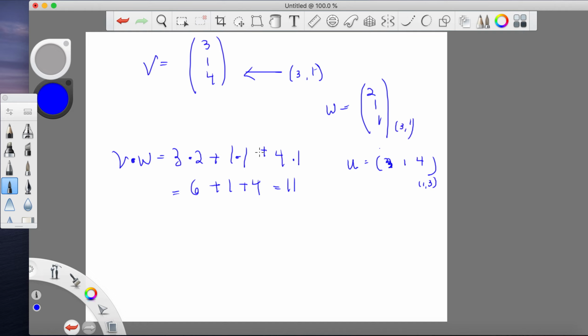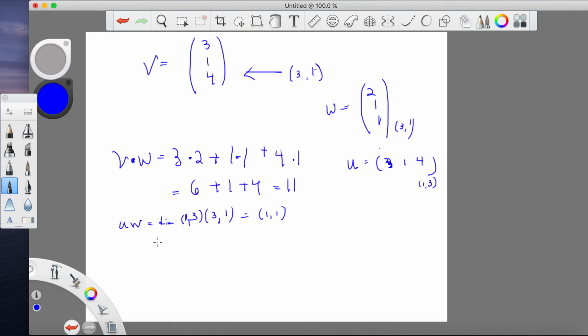So if I multiply U and W, the dimensions are going to be 1 by 3 and 3 by 1. Because those match, you get a 1 by 1 matrix. So that's a little different. It's not a number like the dot product. It's actually a 1 by 1 matrix containing a single number.